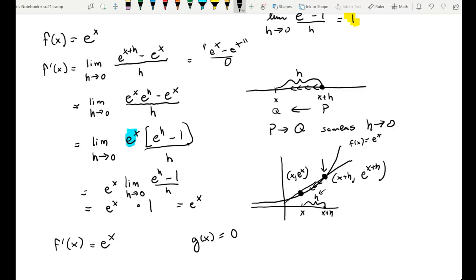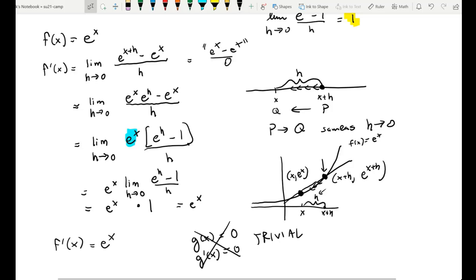Well, yeah. We said that the derivative of a constant function is 0. So if your function is equal to the constant 0, the derivative of a constant is 0, but that's a silly example. It's a trivial thing, so it's not interesting.